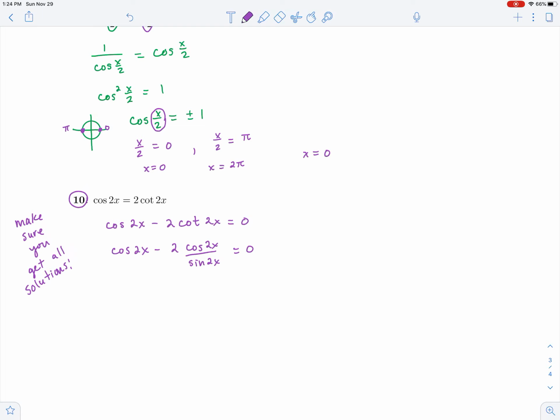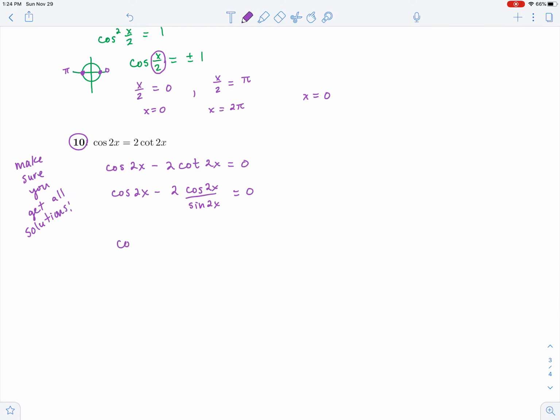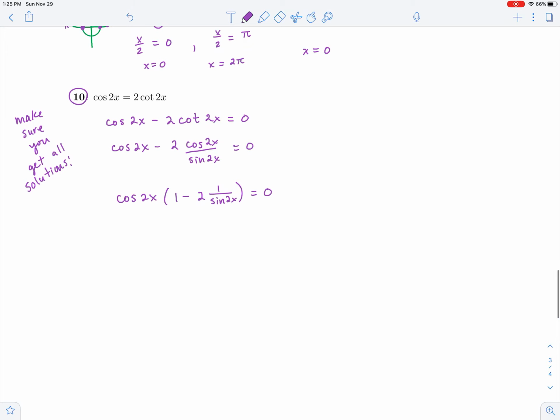And then you can see that you can factor out the cosine of 2x. And 1 over sine 2x, I'm just going to leave it 1 over sine 2x so that we don't go to cosecant and then have to go back. Okay, so then this is going to have 2 factors: cosine 2x can be 0, and 1 minus 2 over sine 2x can be 0.